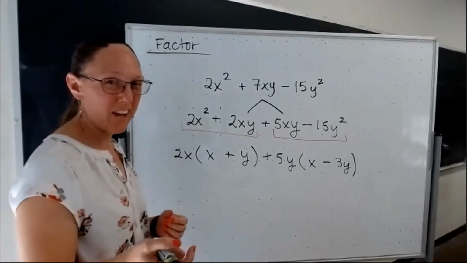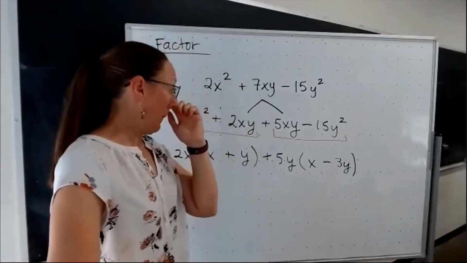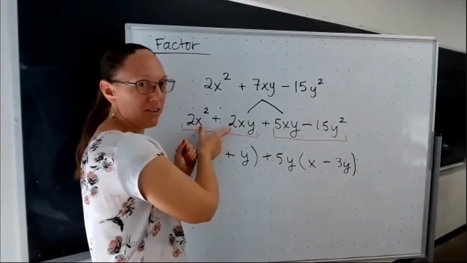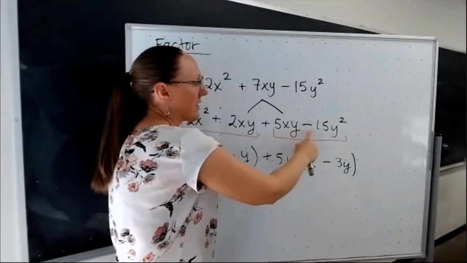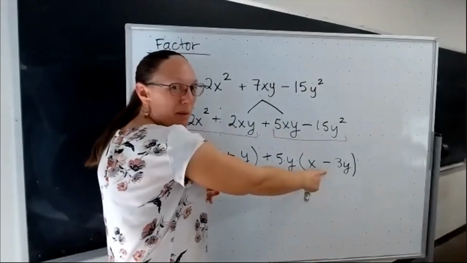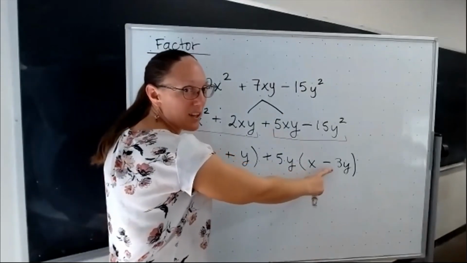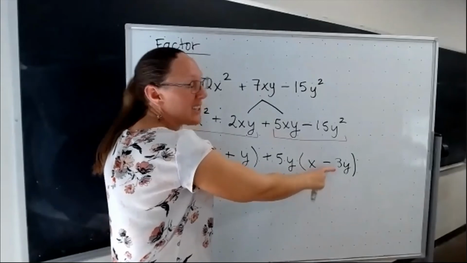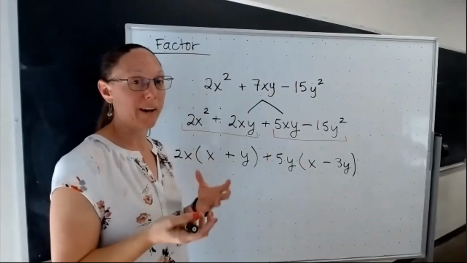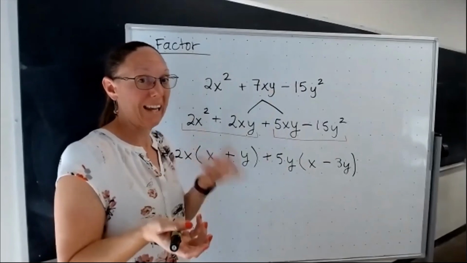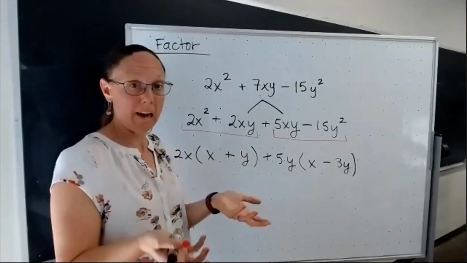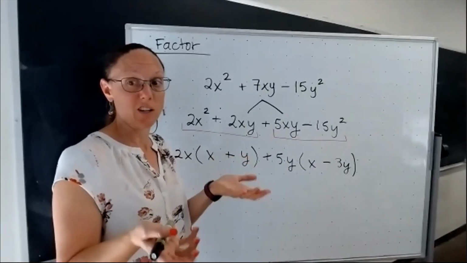But what I just realized is that if these two terms are both positive, and over here I have a positive term and a negative term, I'm never going to get these pieces to match because I'm always going to have a plus and a minus. So if I break that 7xy apart, I'm going to have to find a way to break it apart with a positive number and a negative number. So I think I chose a terrible first example to try to do this on.